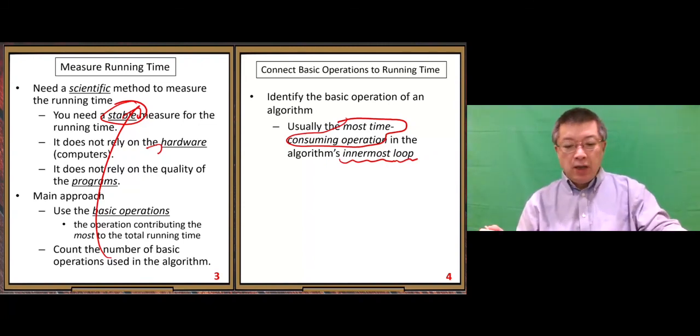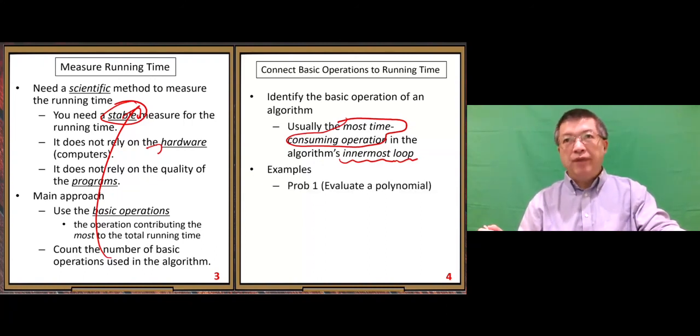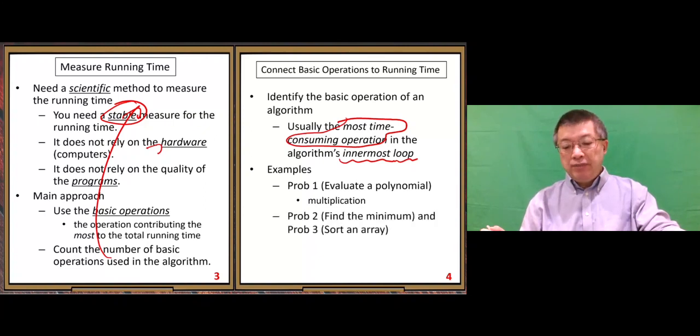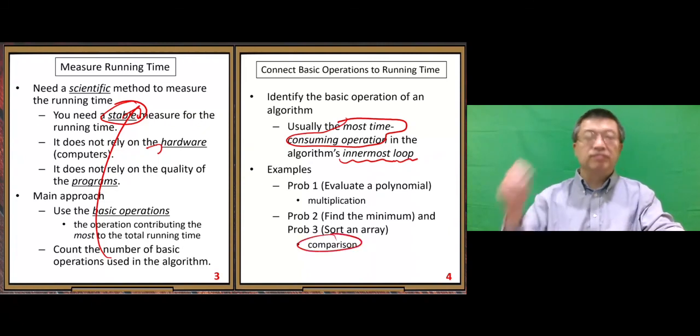Some examples, for the problems we have learned at this point, we can see that easily. Problem 1, evaluate a polynomial: multiplication is the basic operation. For problem 2 and problem 3, find the minimum and sort an array: comparison is the basic operation.